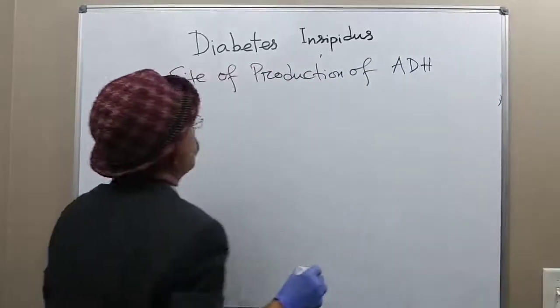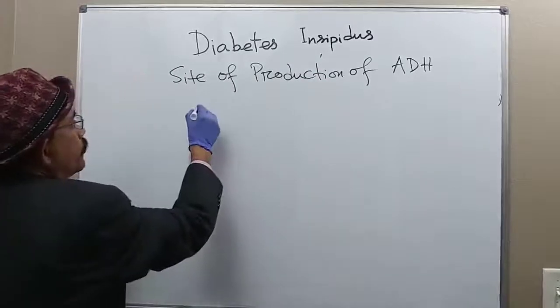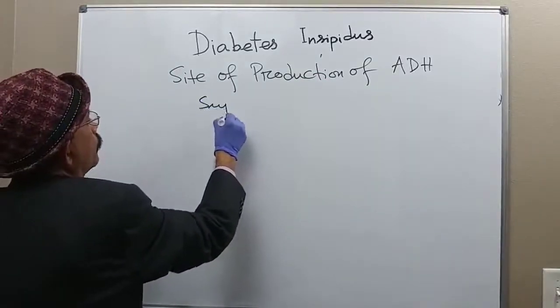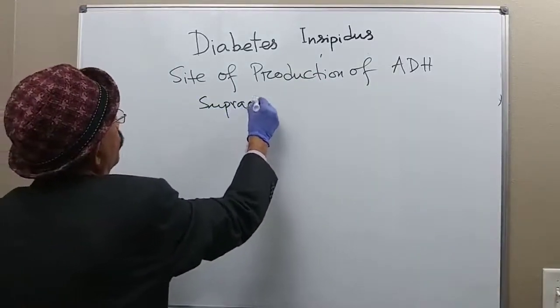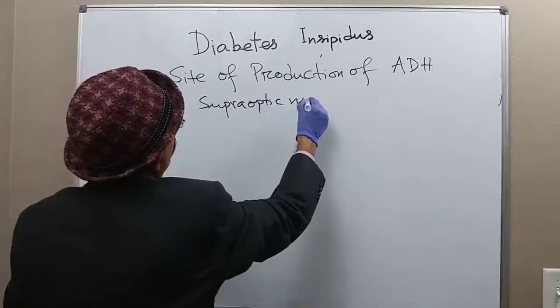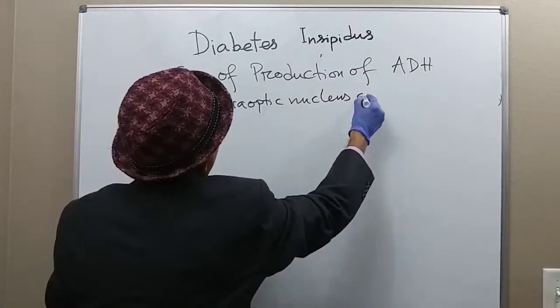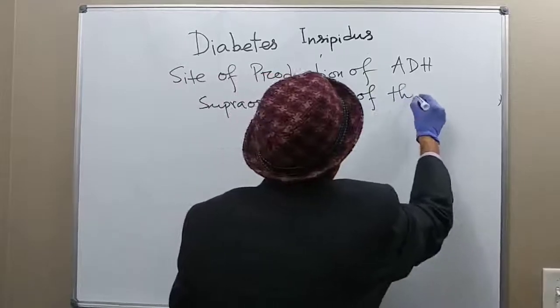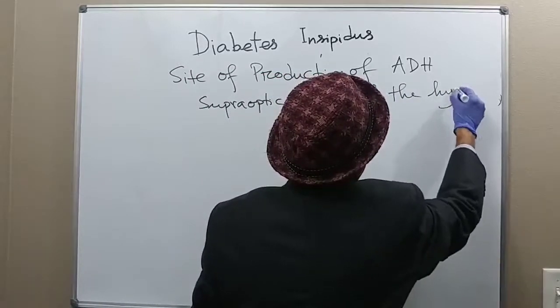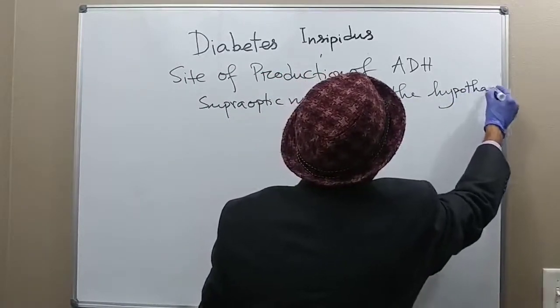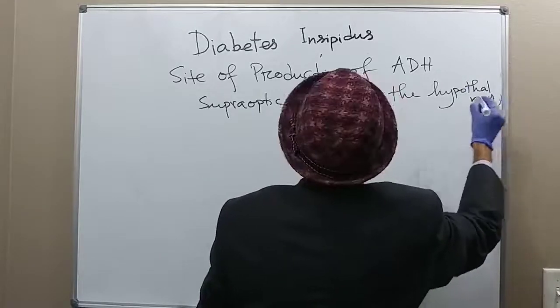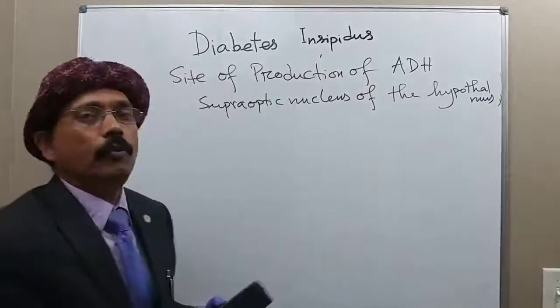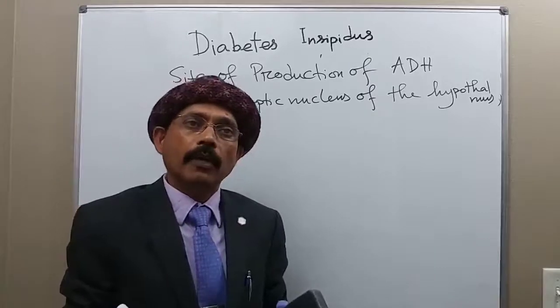It is produced from the supraoptic nucleus of the hypothalamus. Then we must know the site of action.